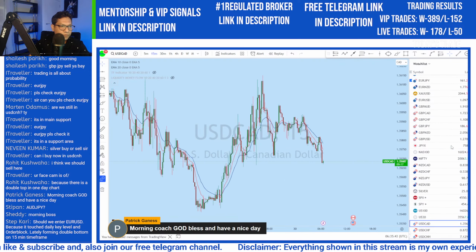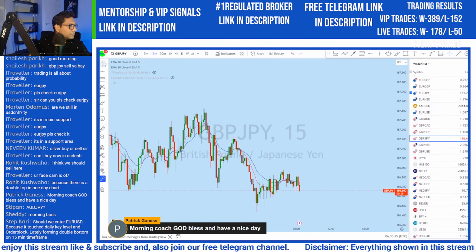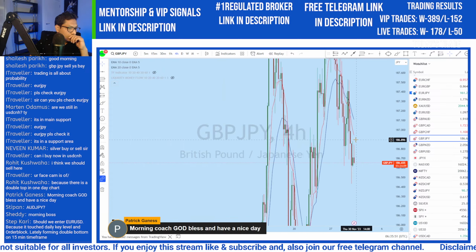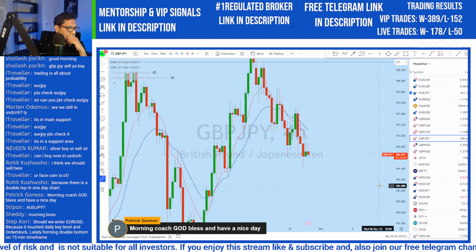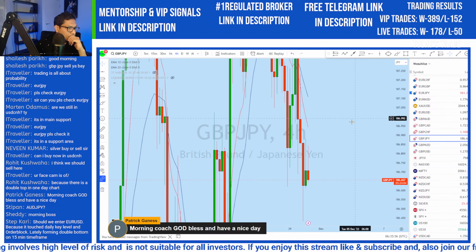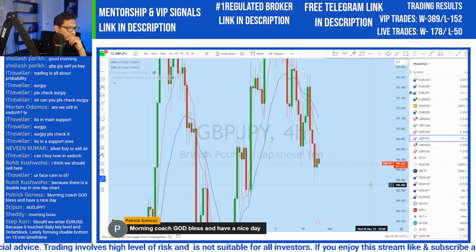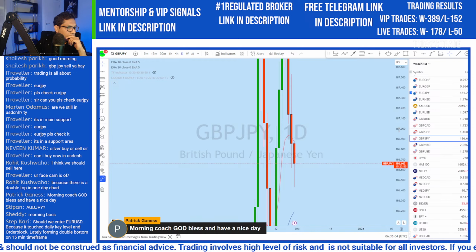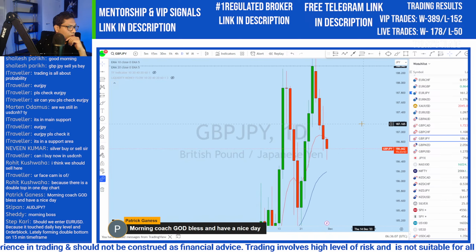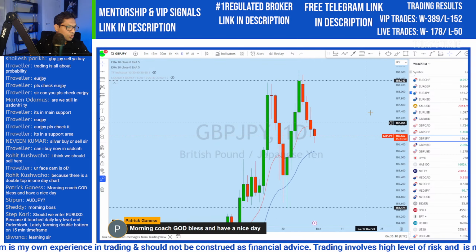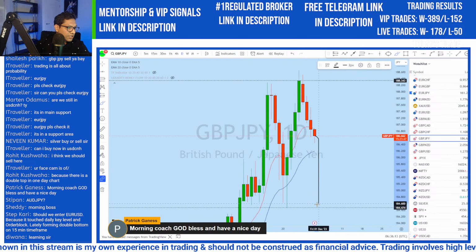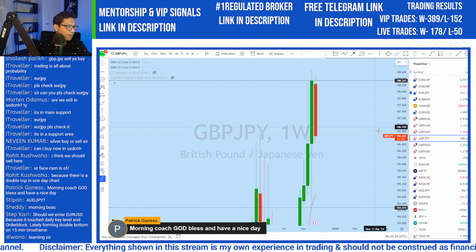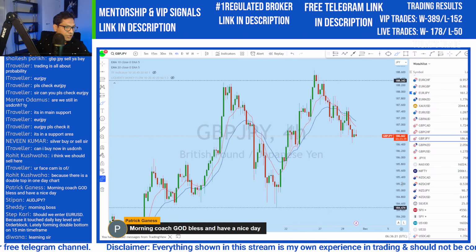And so on GJ, the price is approaching the daily 20 EMA, and we could see that the price is dropping down here to this level, and then we can expect for the price to have a bounce to the upside on GBPJPY.